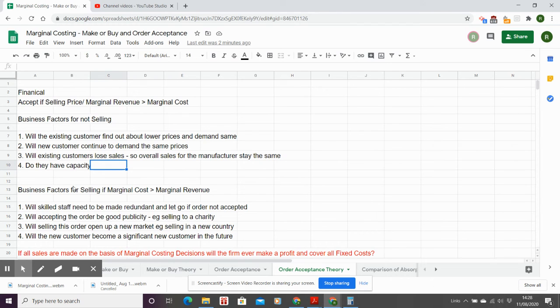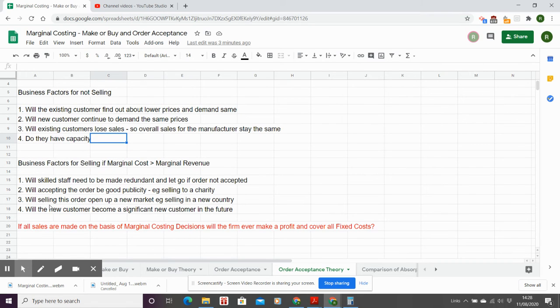And a very important one is always, do you have capacity within your existing fixed costs? So if you need to open a new factory for just 10,000 cups and saucers because you're already at your maximum capacity, then clearly it wouldn't be a good thing to do.